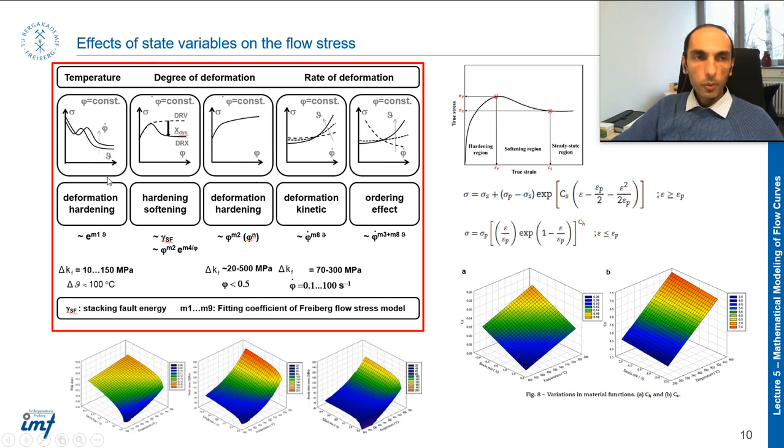If you want to formulate it, we can formulate it in this way: e to the power of m1 theta, where theta is temperature and m1 is a constant. This term is from the Freiberger flow stress model, and m1 to m8 or m9 are the parameters which are required in this model. Later we will talk about them more.